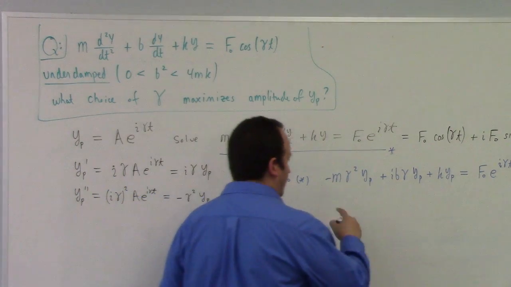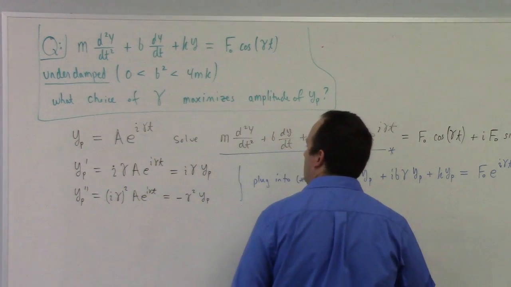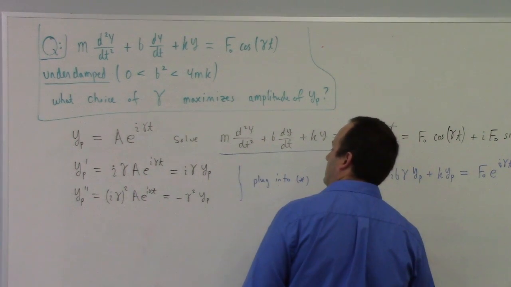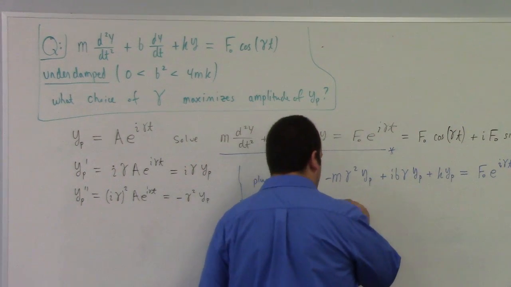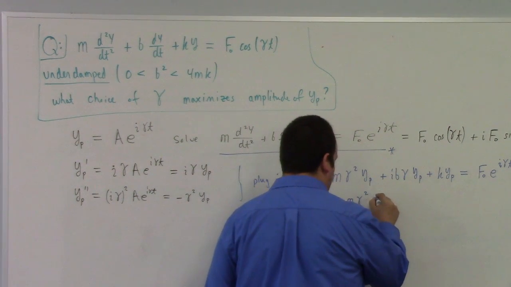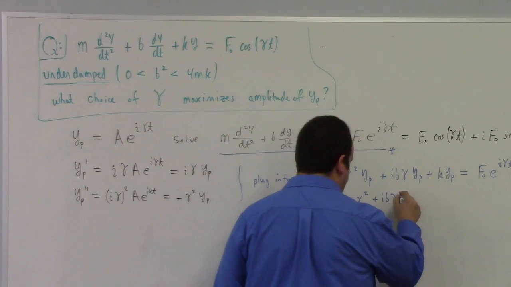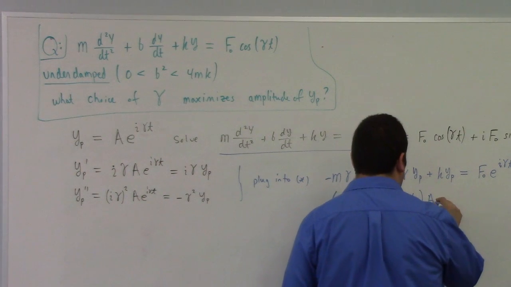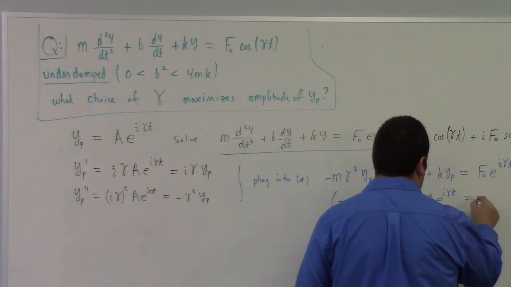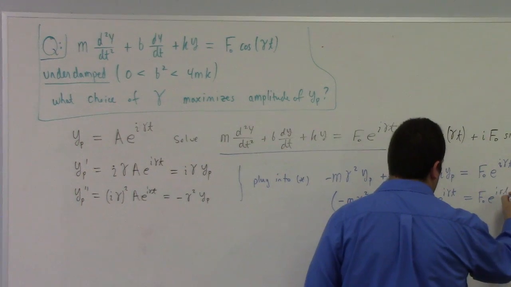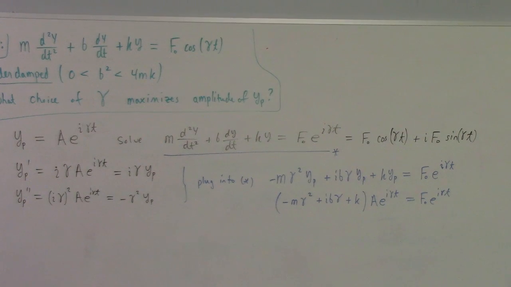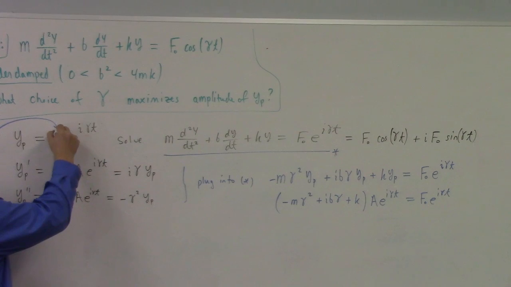Now, of course, I can rearrange this a little bit. So I get minus m gamma squared plus I b gamma plus k, all of this times A e to the I gamma t, equals f naught e to the I gamma t. You see what's going to cancel here, right? What are we trying to find? The undetermined coefficient, by the way, and there's just one of them right there.